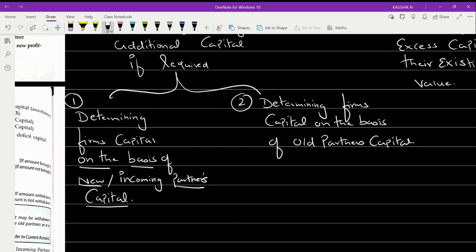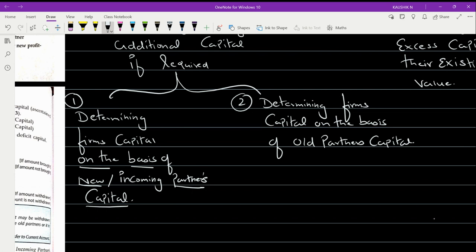We have just two important concepts under this category. One is calculating the capital of the new or incoming partner on the basis of the capital of the old partner. The first one is adjusting the old partner's capital on the basis of new partner's capital.